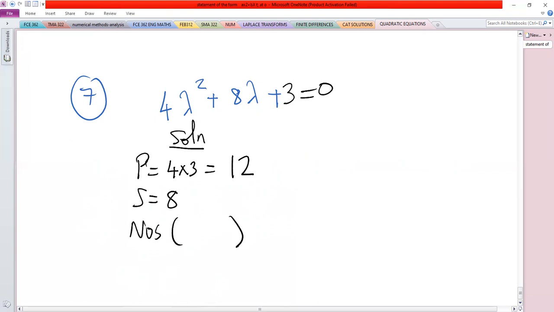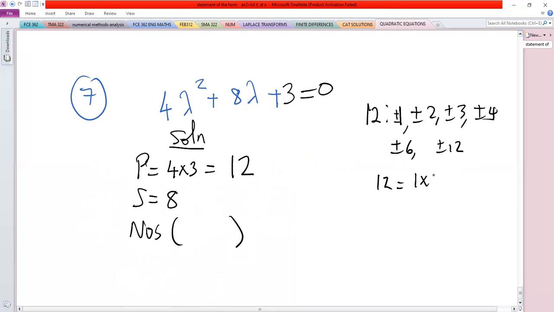So write the factors of 12: 1, plus or minus 2, plus or minus 3, plus or minus 4, plus or minus 6, plus or minus 12. Now 12 is the same as 1 times 12, minus 1 times minus 12, 2 times 6, minus 2 times minus 6, 3 times 4, and minus 3 times minus 4.